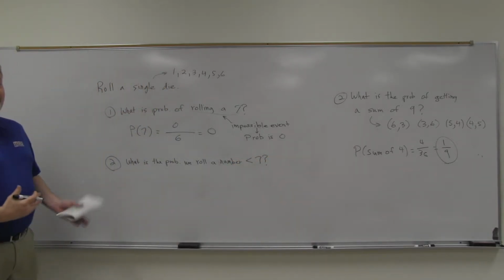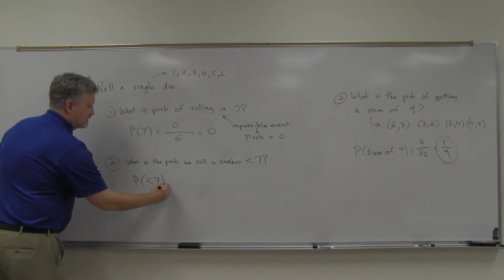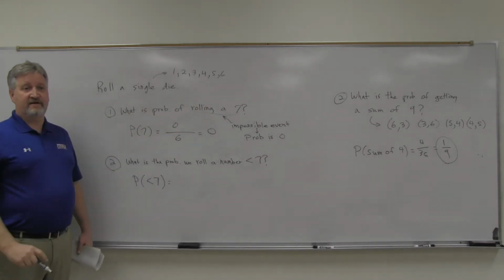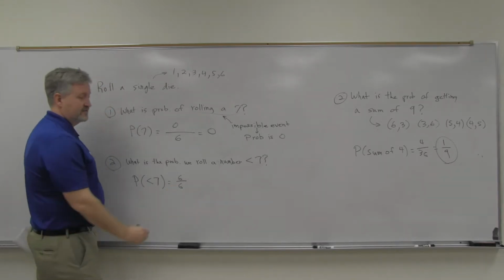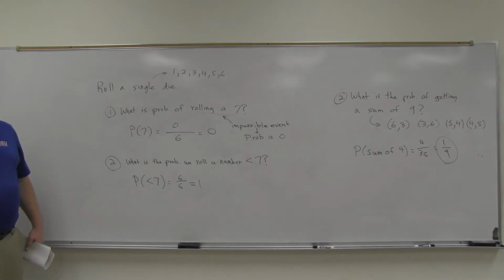Well, that's kind of the flip side of this, isn't it? The outcomes again are 1 through 6. All of them are less than 7, aren't they? 6 out of 6. What does that simplify to? That is 1. So that's the other side of things.